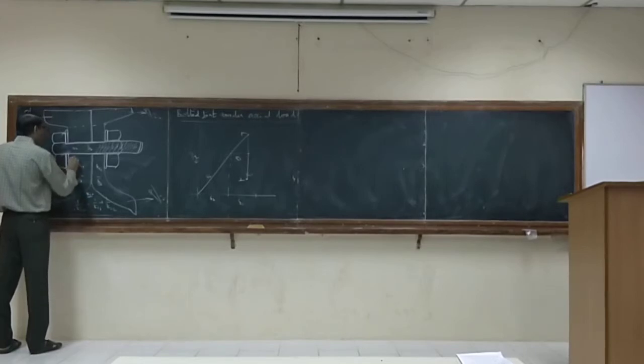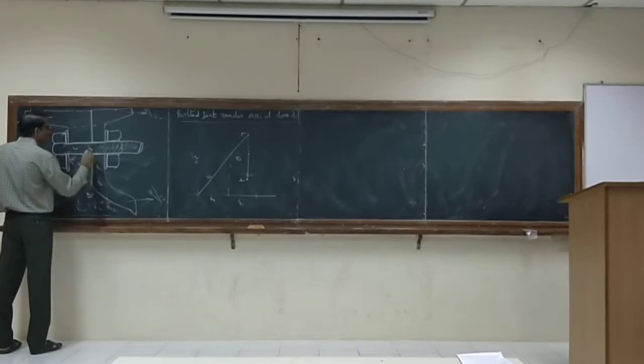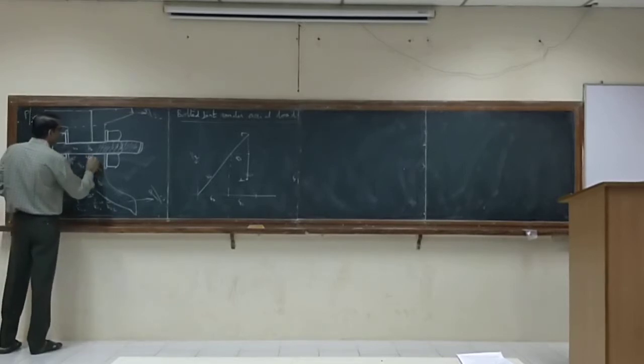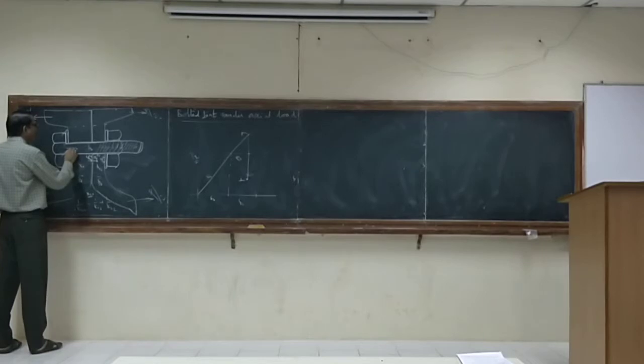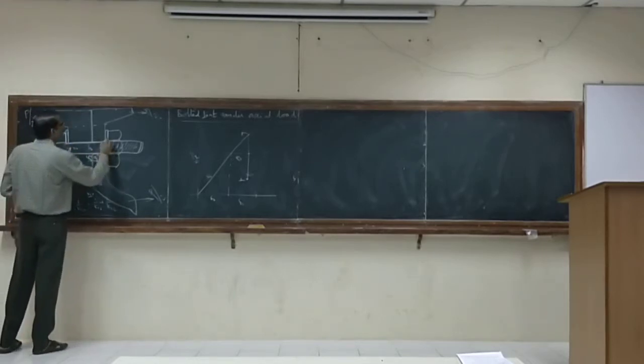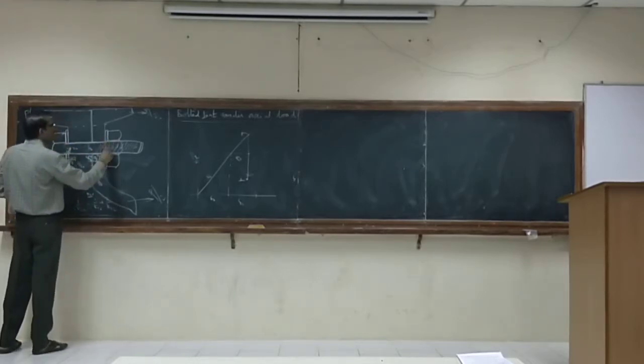U1 of the component 1, here this is U2 of the component 1. This is U1 of the component 2, U2 of the component 2, U1 of the bolt. Let us say this is the transition region.